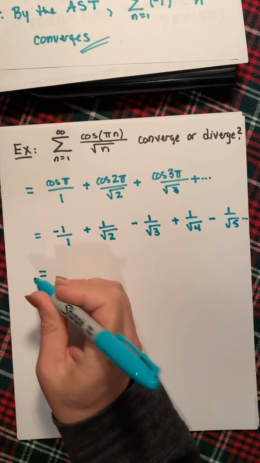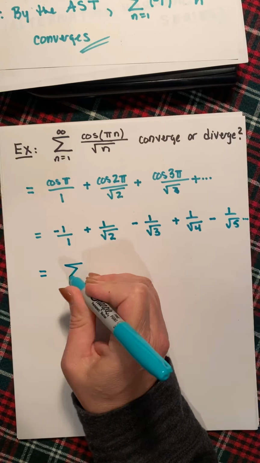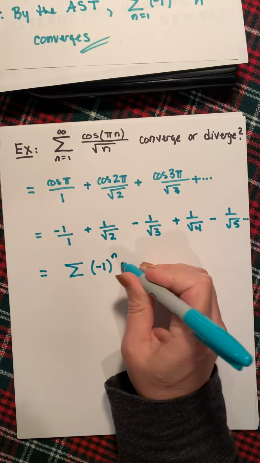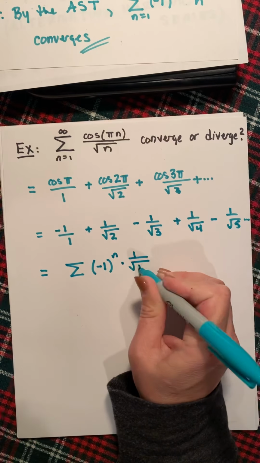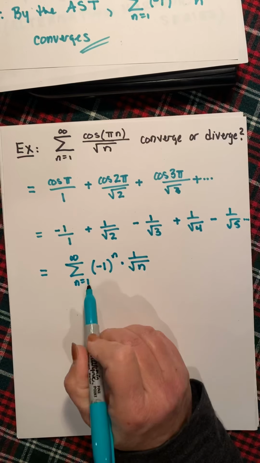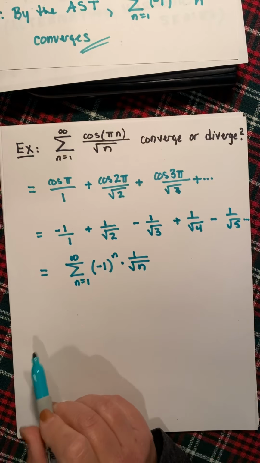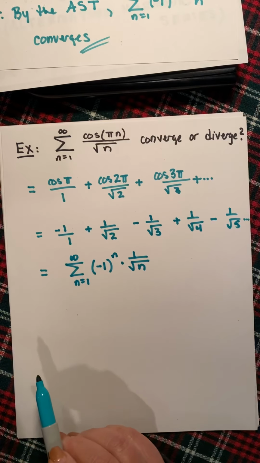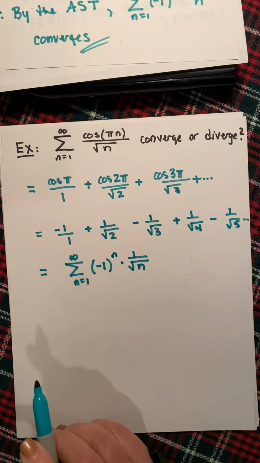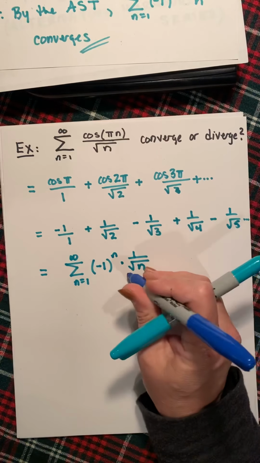So this is another way of saying the sum of -1 to the n times 1 over the square root of n, with n going from 1 to infinity. Notice I use the power of n because I want the first term to be negative, so I need just plain old 1 there. So this series is equivalent to that series, so it is an alternating series.